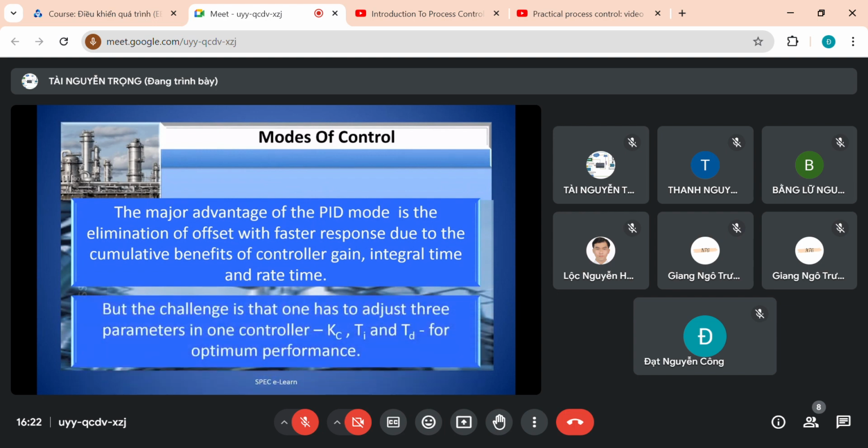But the challenge is that one has to adjust three parameters in one controller: Kc, Ti, Td for optimum performance.